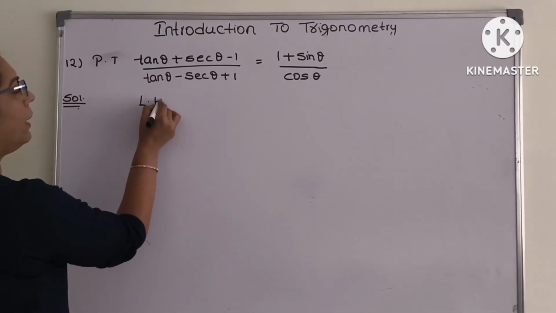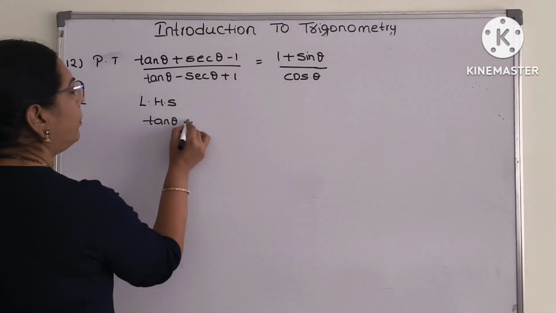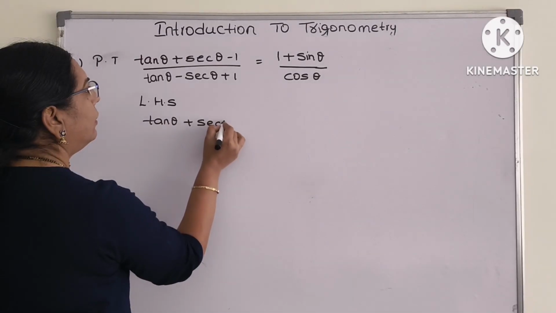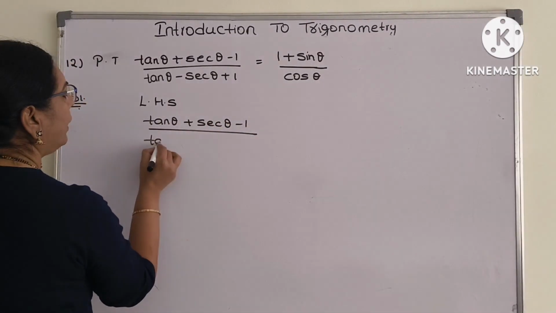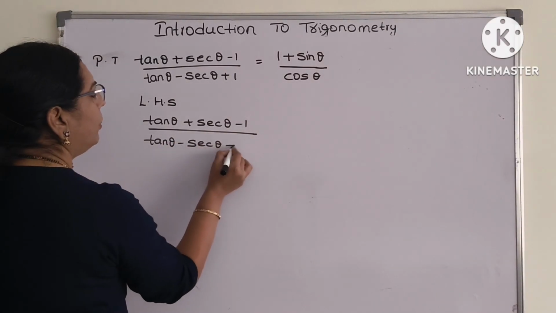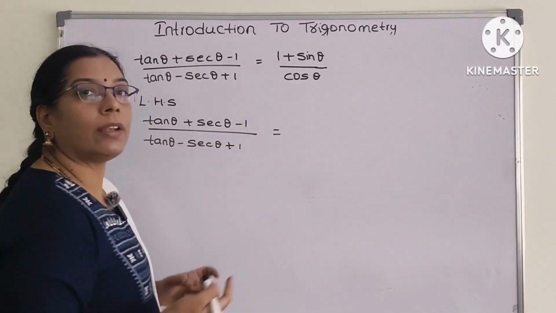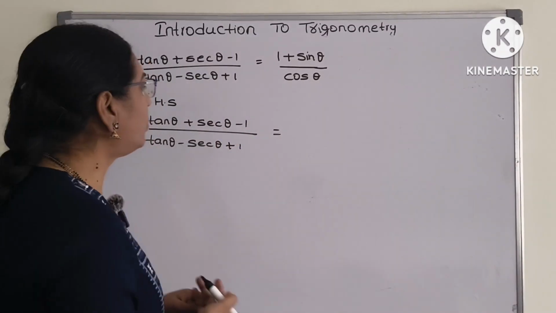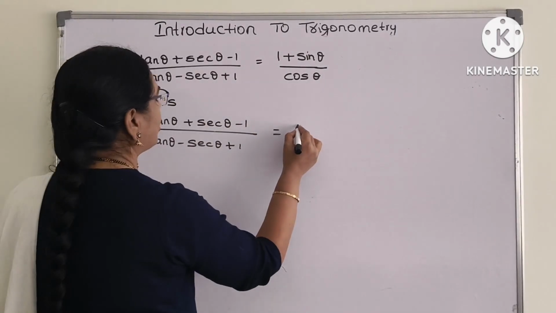So, I am taking the LHS: (tan theta plus secant theta minus 1) by (tan theta minus secant theta plus 1). What I will do? I will rewrite minus 1. Minus 1 can be written as tan square theta minus secant square theta.